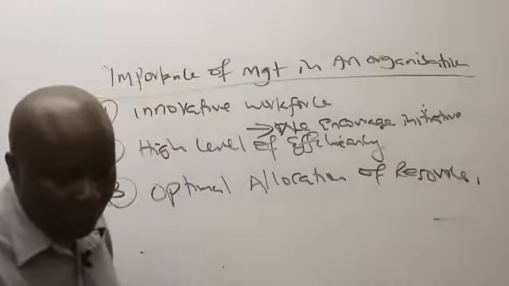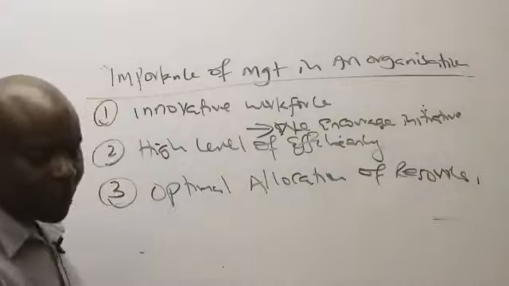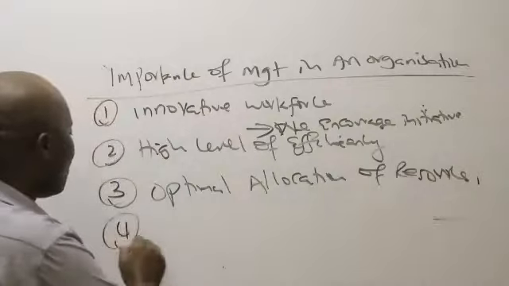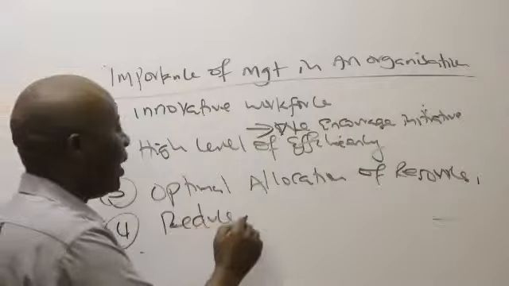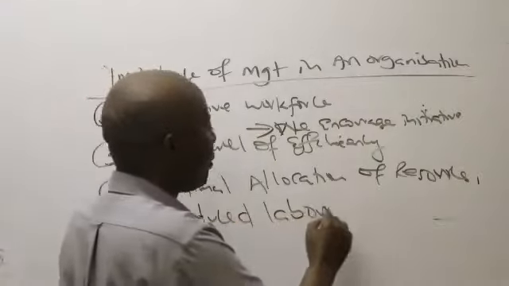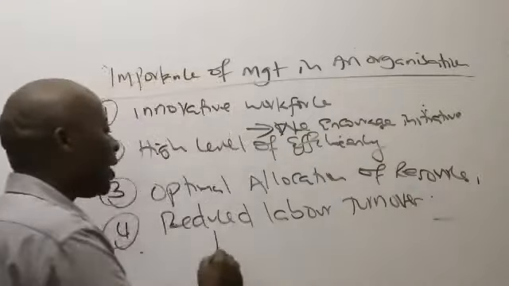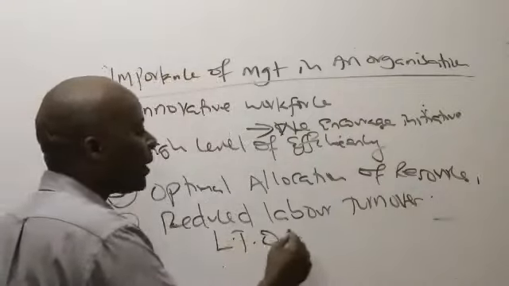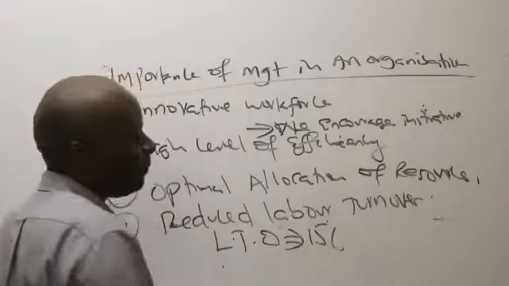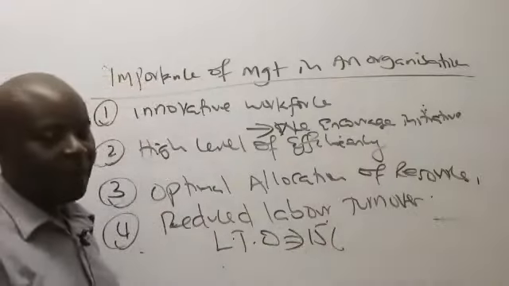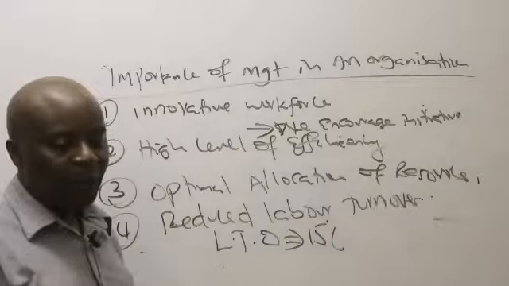Optimal allocation of resources. Yes, reduces labor turnover. So in this case here, reduced labor turnover. Ladies and gentlemen, the moment you find in your organization, labor turnover starting to exceed 15% per annum, know that there is a problem.